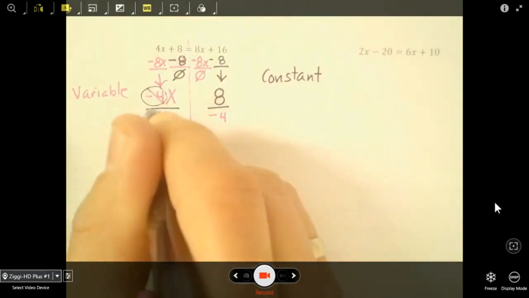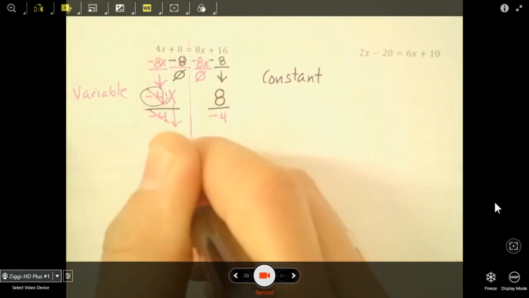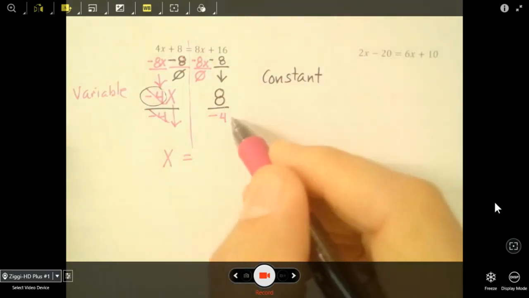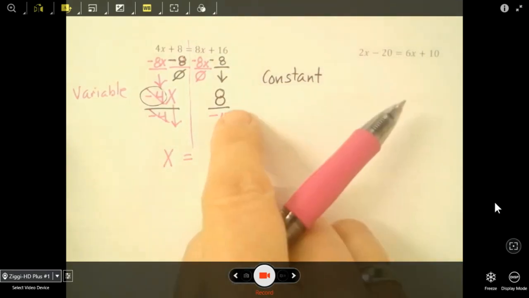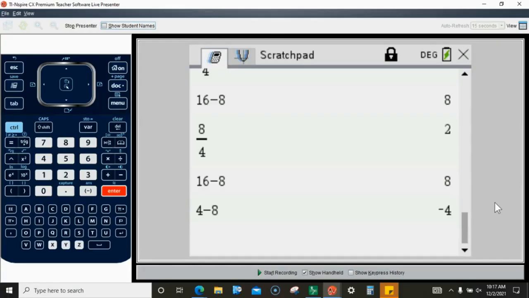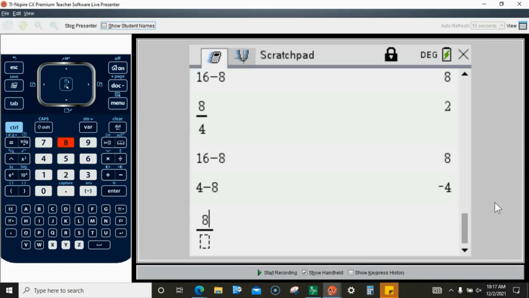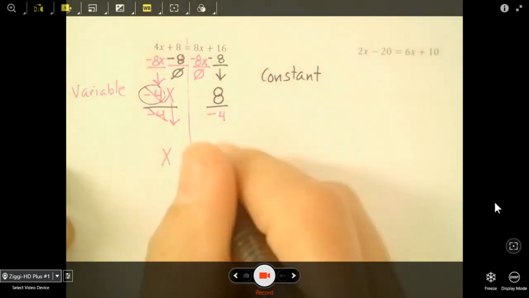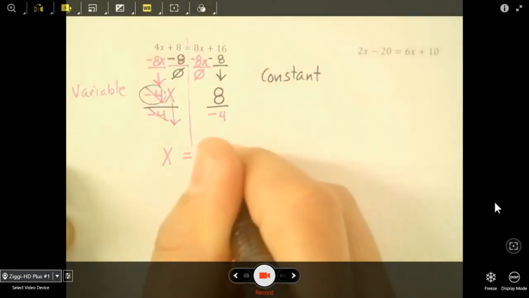Negative 4 going to negative 4 one time, just leaving me with the x, which is equal to whatever 8 divided by negative 4 is. So I'm going to put that in a calculator. I'm going to hit enter, and it tells me it's negative 2. So my answer here is x is equal to negative 2.